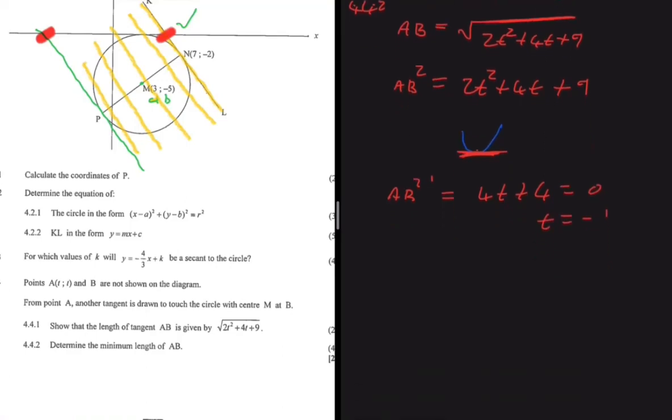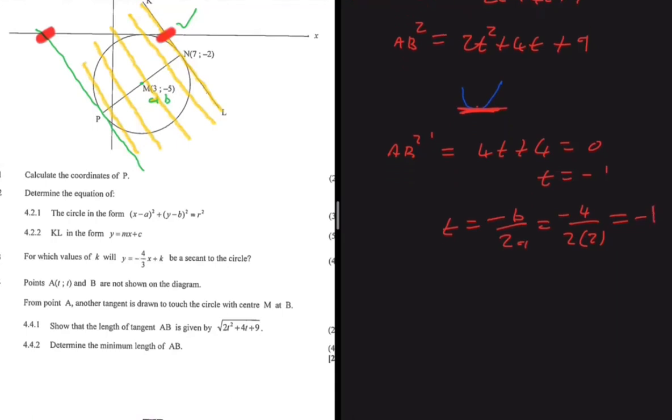We're basically looking for the x value of the turning point, so we can also see that t is equal to minus b divided by 2a, because we just have a quadratic function. So this will be minus 4 divided by 2 multiplied by 2, which is equal to minus 1 again. So the length is at a minimum when t is equal to minus 1.